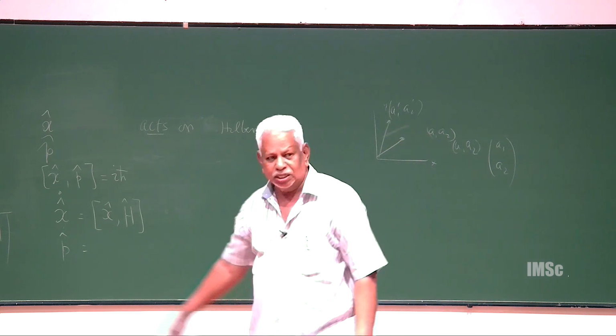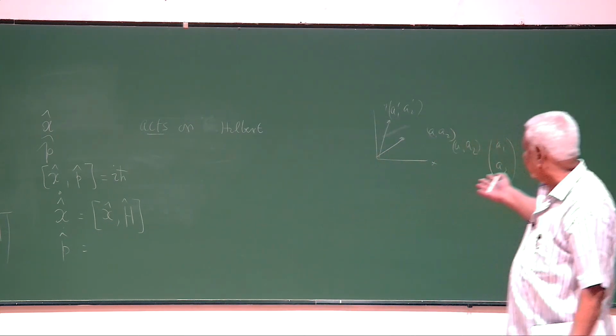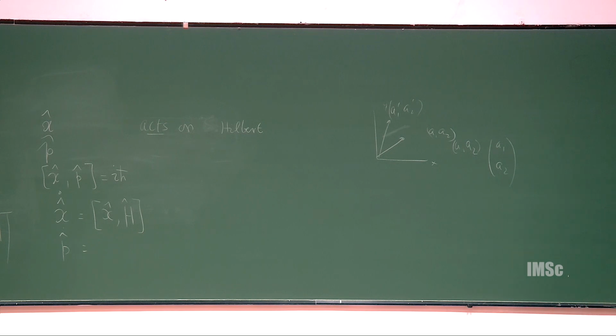Now I mentioned in these things, I gave the example with 2 dimensions here. Okay? Why 2 dimensions? Because I can't have 1-dimensional vectors, then it is only a number. Then x hat with p hat, if it is a 1-dimensional thing, it will simply commute. x hat p hat should be equal to p hat x hat.